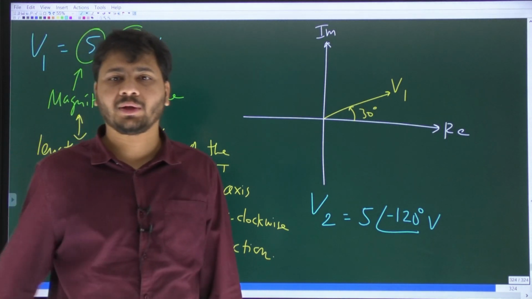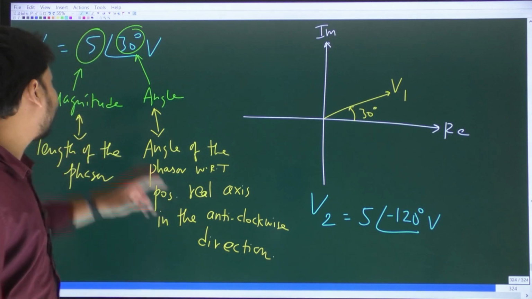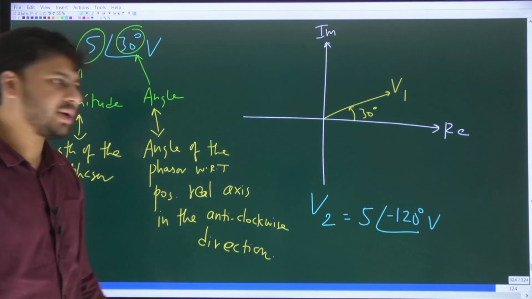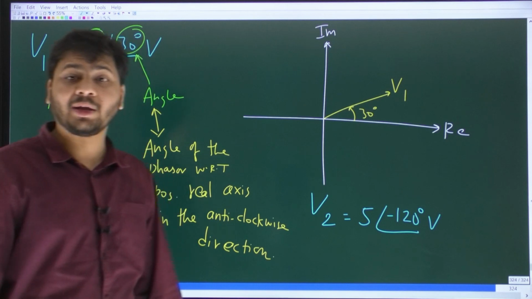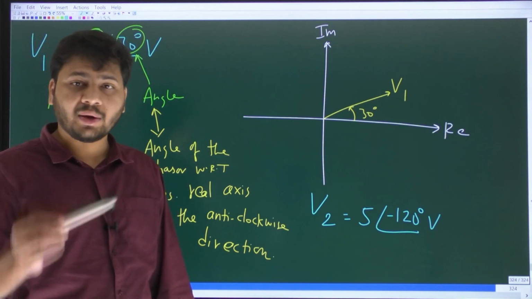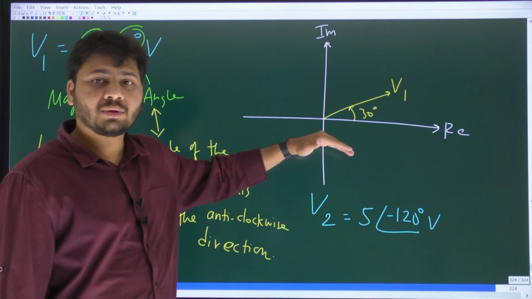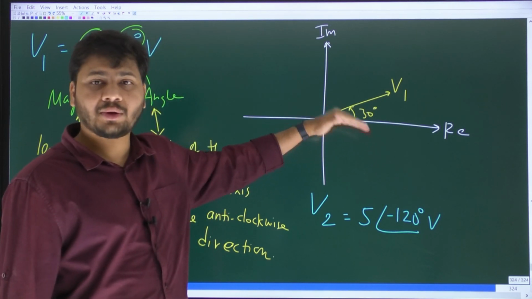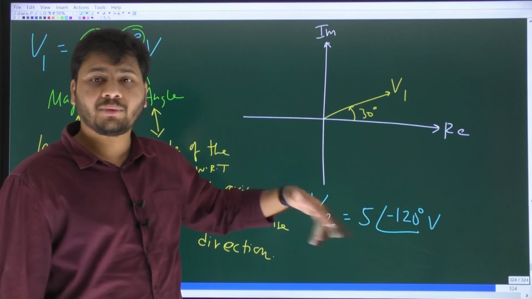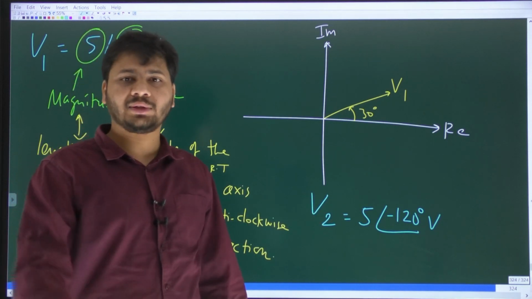But what is different for the two phasors? The angle. Angle of V1 is plus 30 degrees. Angle of V2 is minus 120 degrees. So whenever the angle is negative, the phasor should be rotated from the positive real axis by an angle of 120 degrees in the clockwise direction.